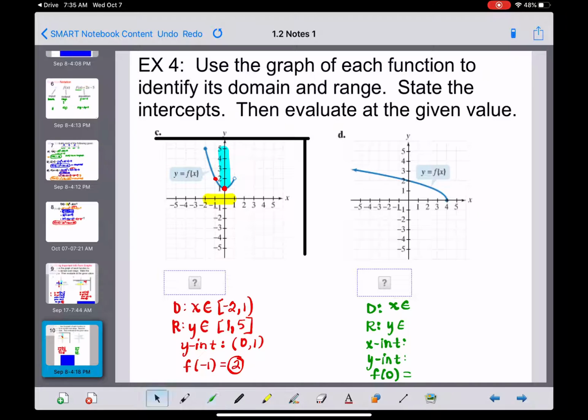So domain, if we look at the x's, so we take a vertical line through, you should notice there's an arrow at the end. So these are going forever in this direction. So even though it looks like I'm just at -6, that arrow means it continues. It's not an endpoint. It's not an open or closed circle. So this is going all the way to the left. It never stops. So on the x-axis, that would be -infinity.